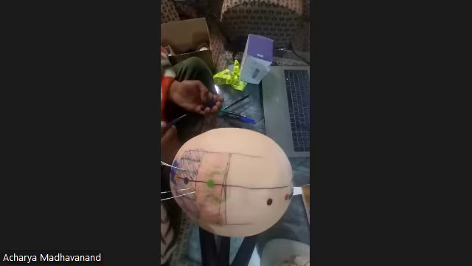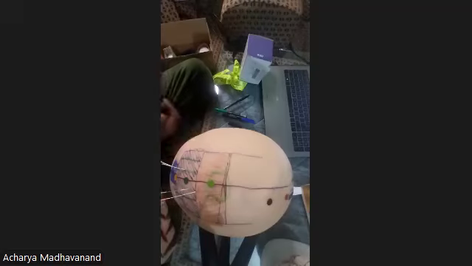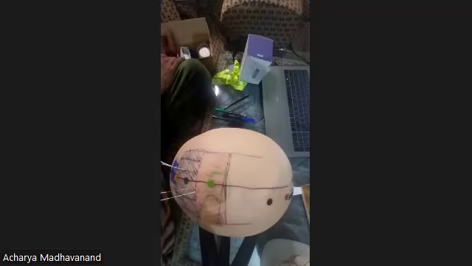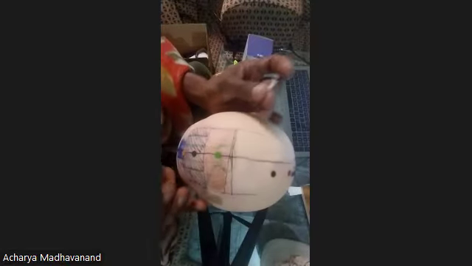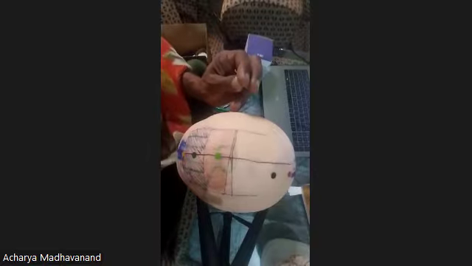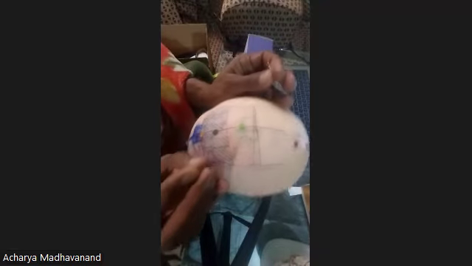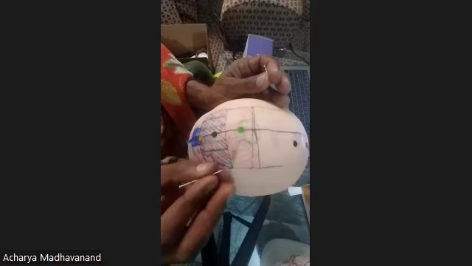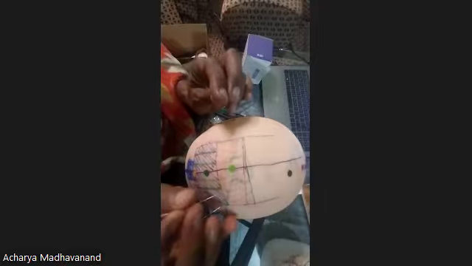Okay. So now about needling. For the needling session, we insert the needle from the corner of this area like this, as you put yesterday.